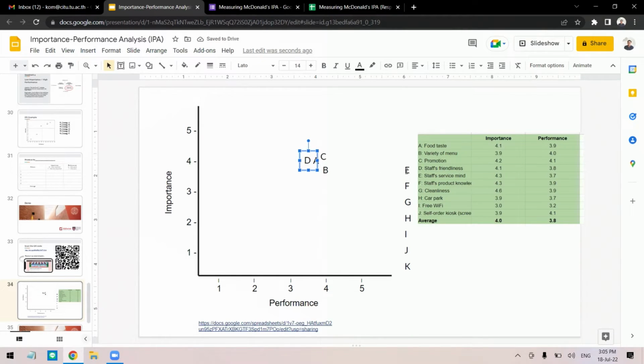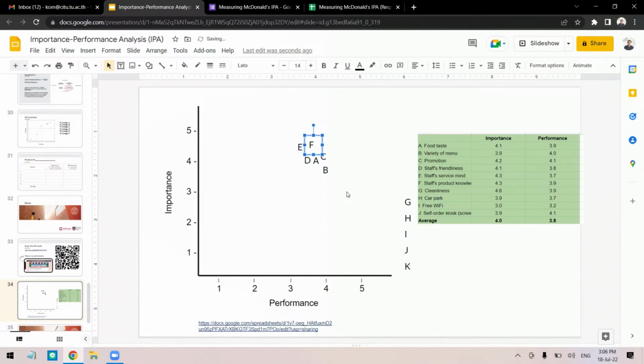Again, I'm doing this quickly, so it might not be accurate in terms of digits. E is staff service mind, 4.3, and service mind performance is 3.7. F, staff product knowledge, 4.3, and performance is about 3.9.